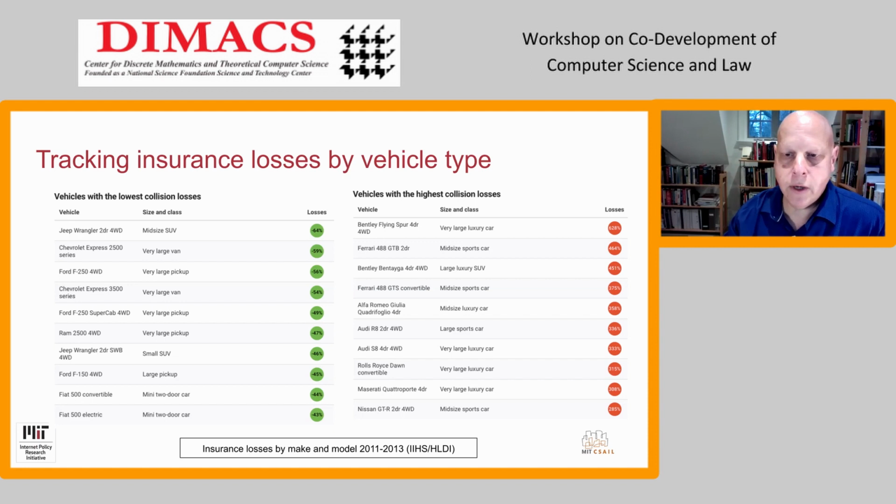And ultimately what they've done is they've looked at how much money they're paying out in insurance claims. And the result of this is that they are able to tune their premium levels to different cars and to different requirements for safety features that have to be built in order to get certain kinds of insurance.